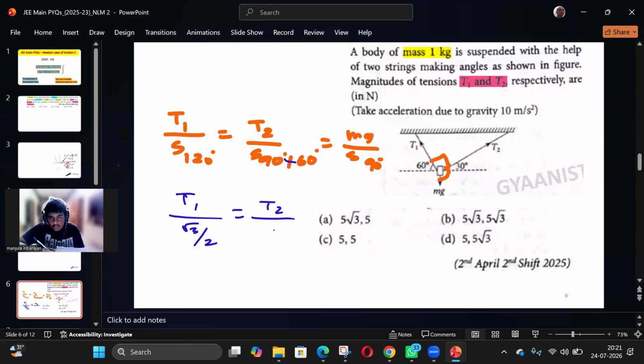That will become 5, 5 root 3. Cos 60. Cos 60 is half.